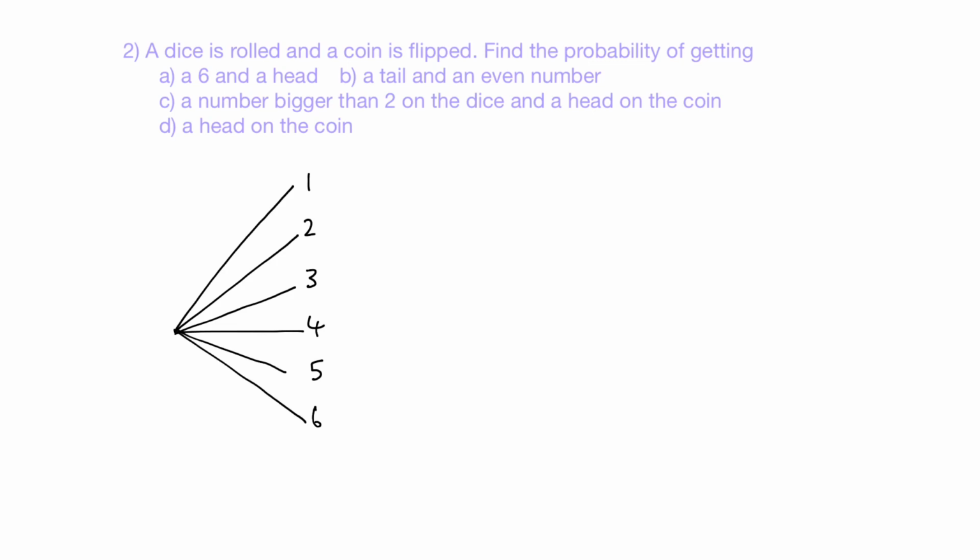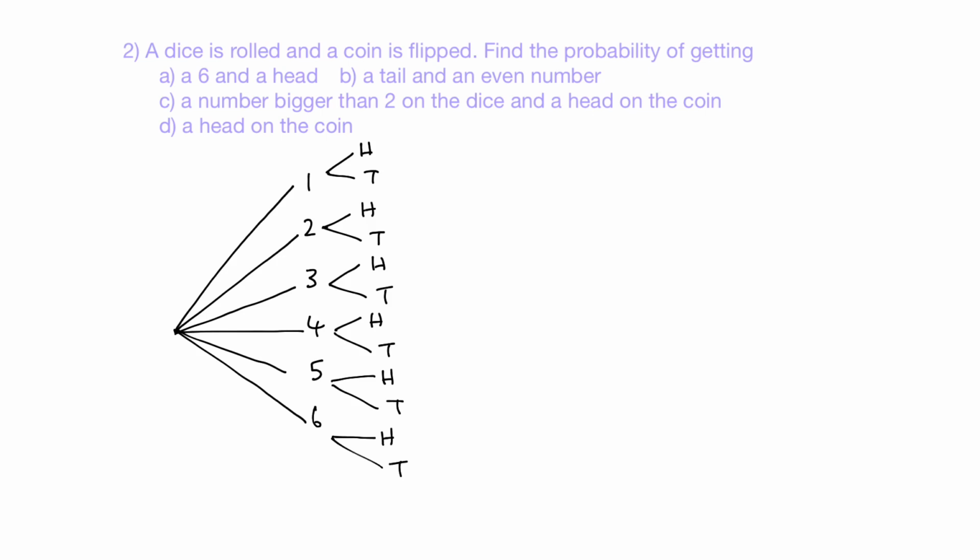Okay? So then we flip a coin. So each of these outcomes from the dice could be followed by either a head or a tail. So that's what we put onto the tree. Running out of space, aren't I? Okay, so at the end of each of these lines are all the different possibilities.